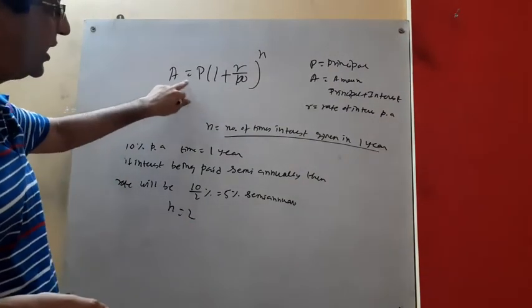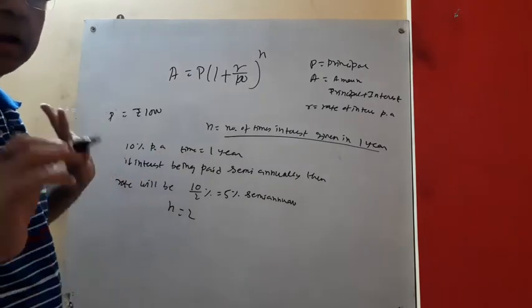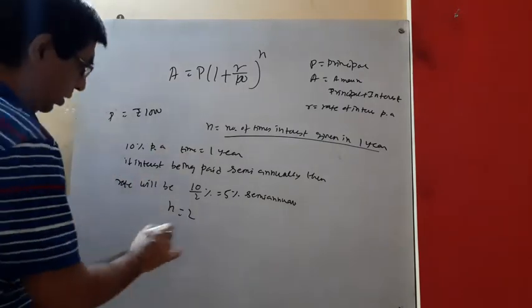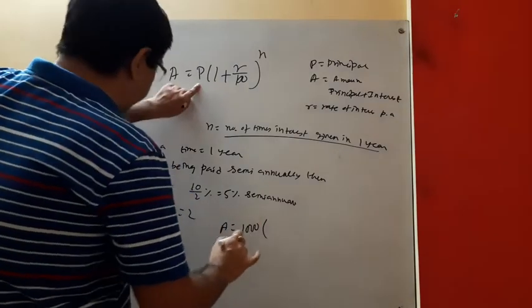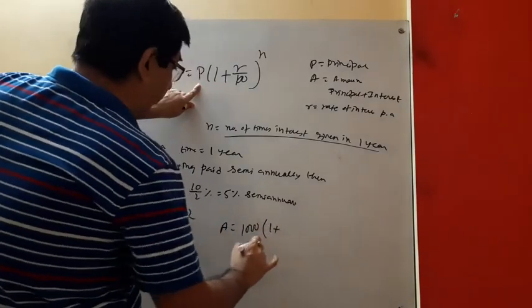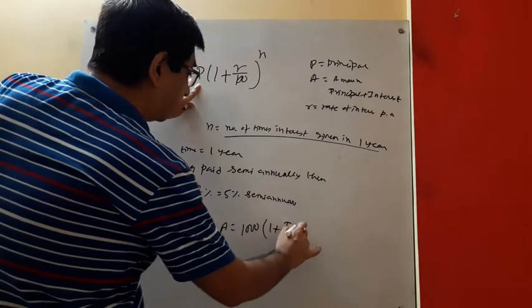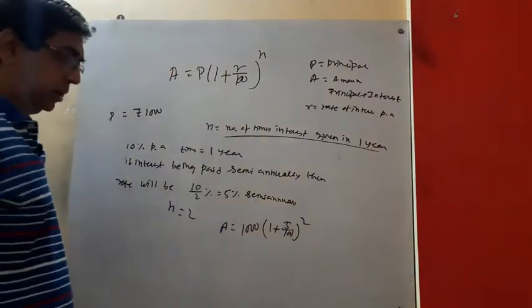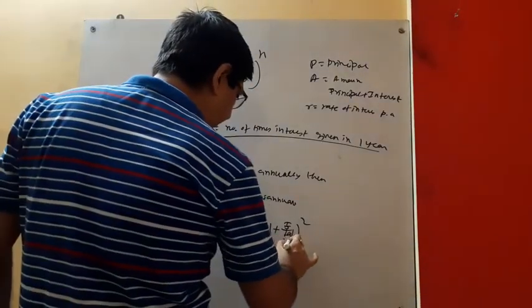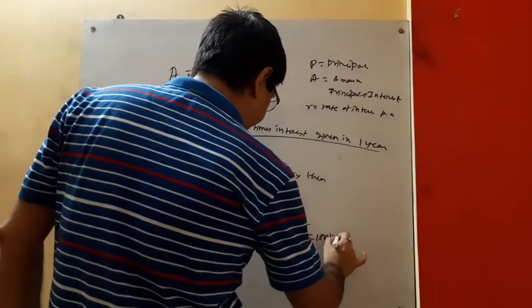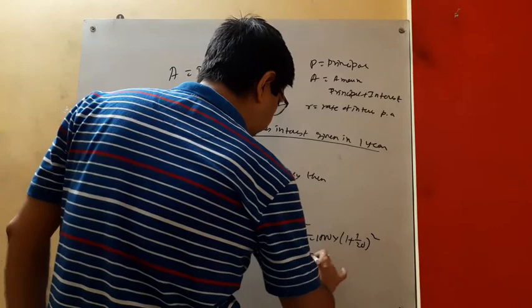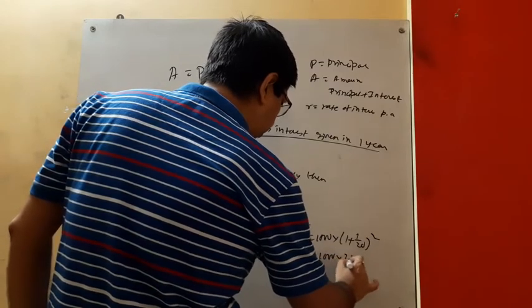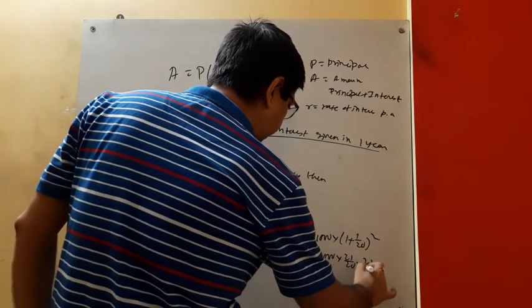Now applying this formula, we can find the amount. What will be the amount? The amount equals P, which is 1000, into 1 plus rate 5 by 2. Rate is 5%. So what we are getting? 1000 into 1 plus 1 by 20 whole square, that is 1000 into 21 by 20 into 21 by 20.